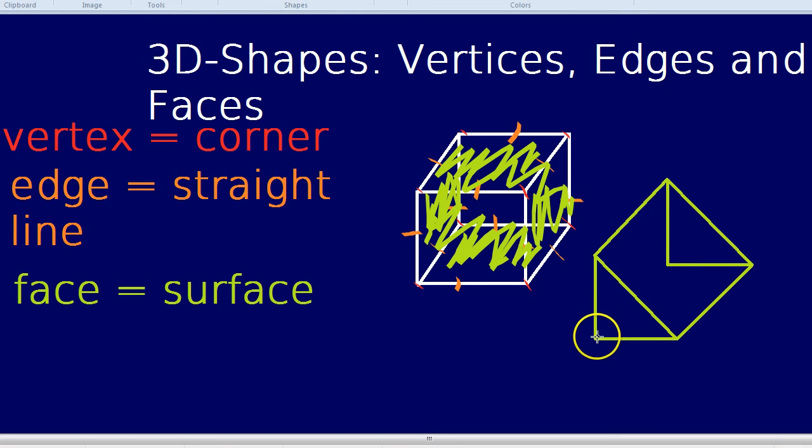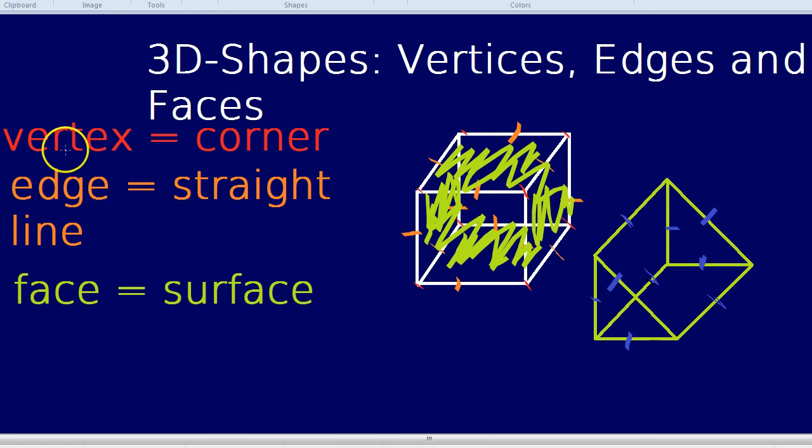Well, you can count them. Let's do it in a different color, let's do it in black. It would be 1, 2, 3, 4, 5, 6, 7, 8, 9. So the 9 edges.